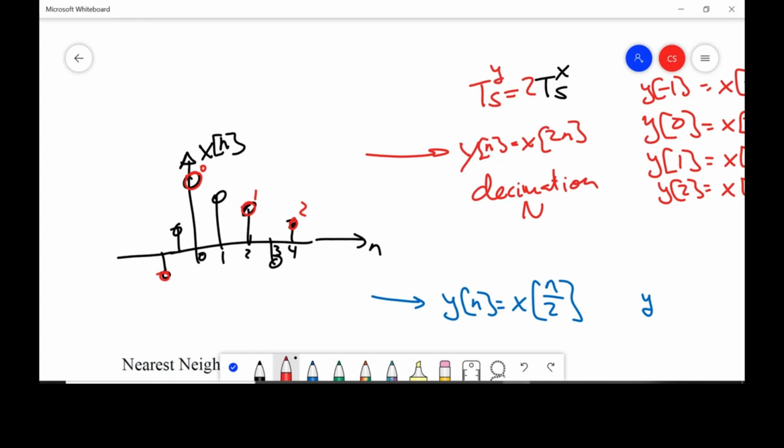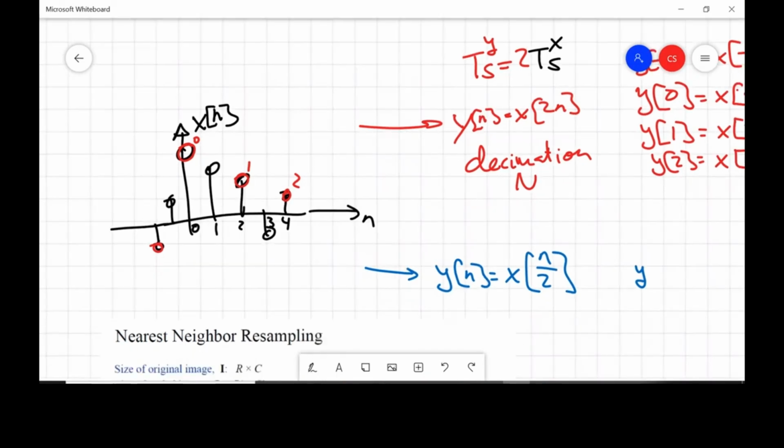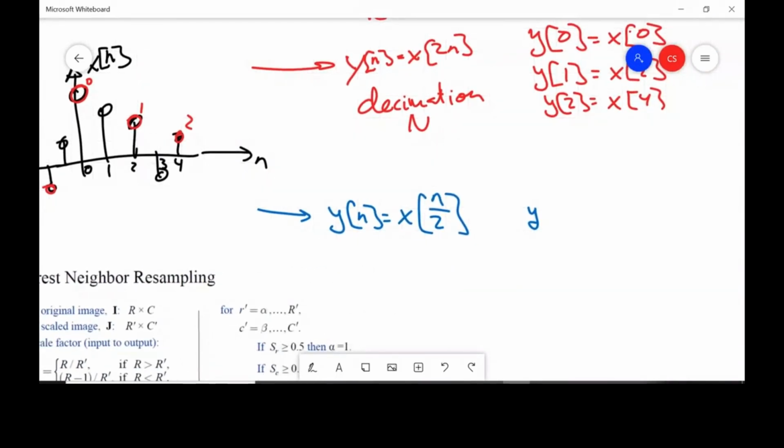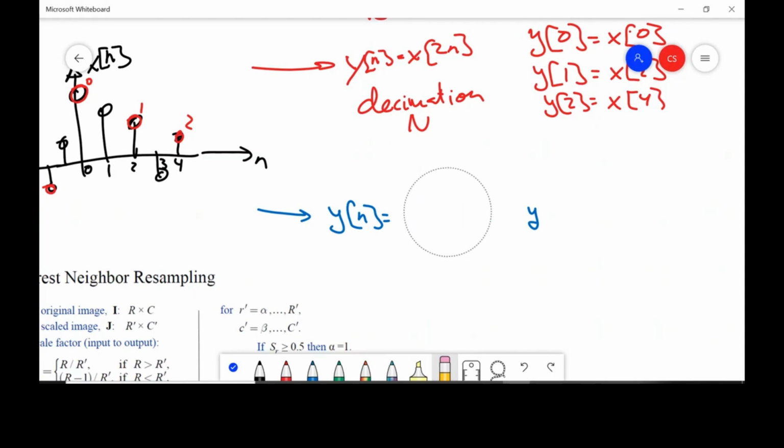So what about the other one? This is the upsampling. Actually, this is a kind of loose way of writing this operator. It would be better to say this is x of n over 2 if n is a multiple of 2, and 0 if n is not a multiple of 2.